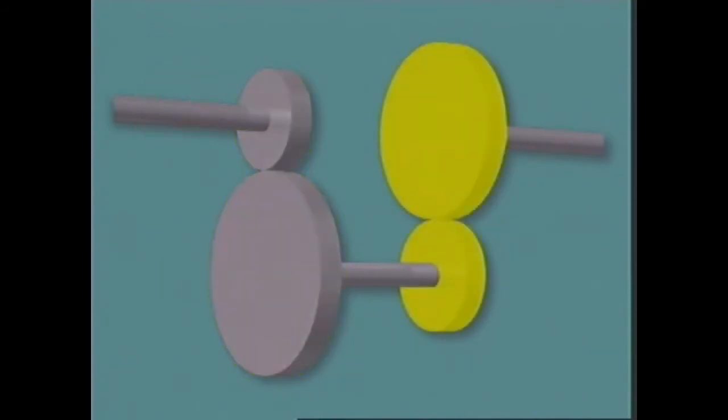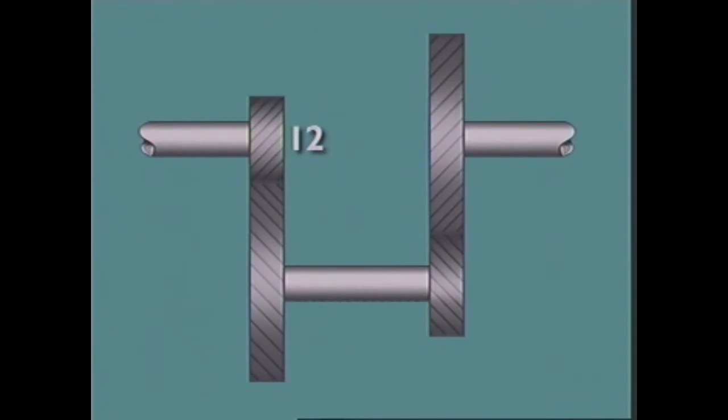Since 2 pairs of gears are involved, their ratios are compounded or multiplied together. The input gear with 12 teeth drives its mating gear on the countershaft, which has 24 teeth. This is a ratio of 2:1.